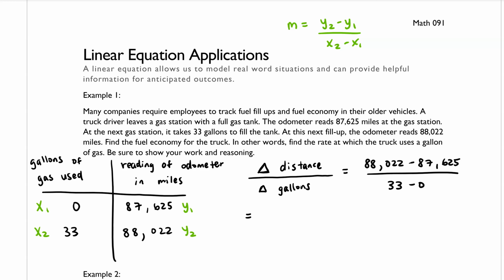If I plug that into my calculator, we get 397 miles over 33 gallons. And if you simplify that, this tells us that we get 12.03 miles per gallon.